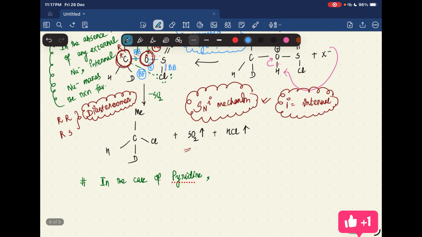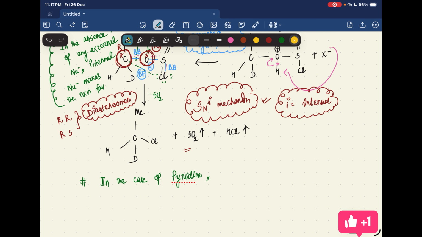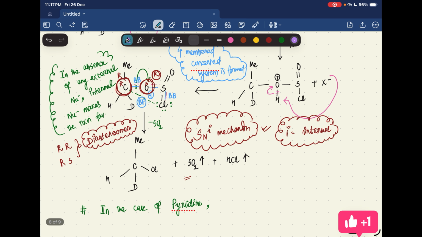One second, let me change the color of it. Which color do we have to take now? Okay, now can we see in this way? Here this part is SO2 which is getting removed from the particular compound, and Cl is also going like this.